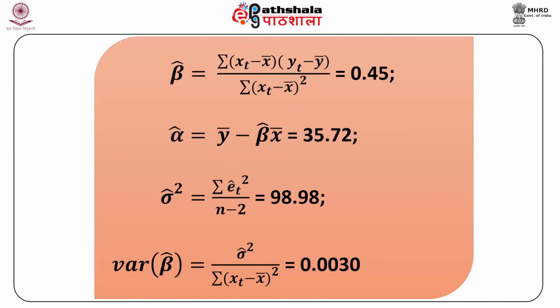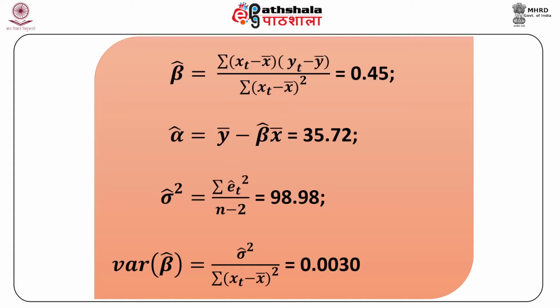Having calculated all these, we substitute these values for beta hat, which is defined as sigma xt minus x bar into yt minus y bar upon sigma xt minus x bar whole square, and we get the value equal to 0.45. Similarly, one can find alpha hat, because alpha hat is defined as y bar minus beta hat x bar, and we obtain the value 35.72.